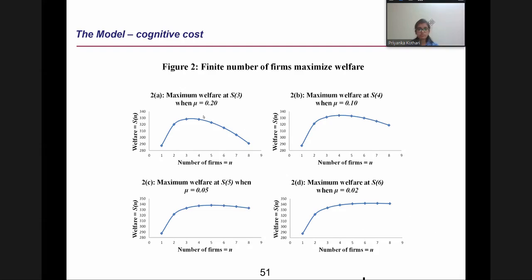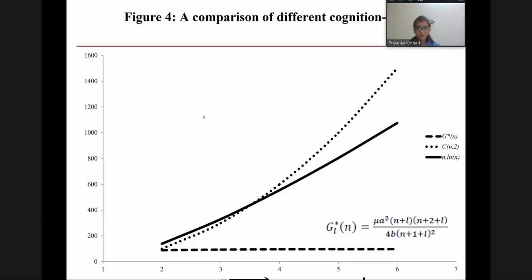So one can argue that, okay, you have looked at a particular cost structure, but we have looked at many cost structures. For example, we have looked at n and n log n. N log n is the cost structure that represents the complexity involved in sorting n things in the most efficient manner.